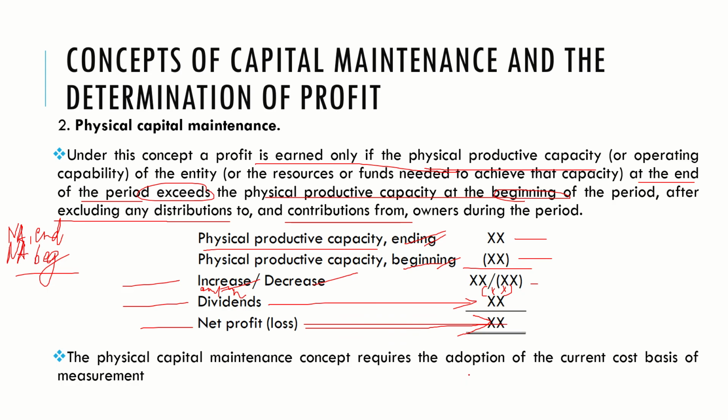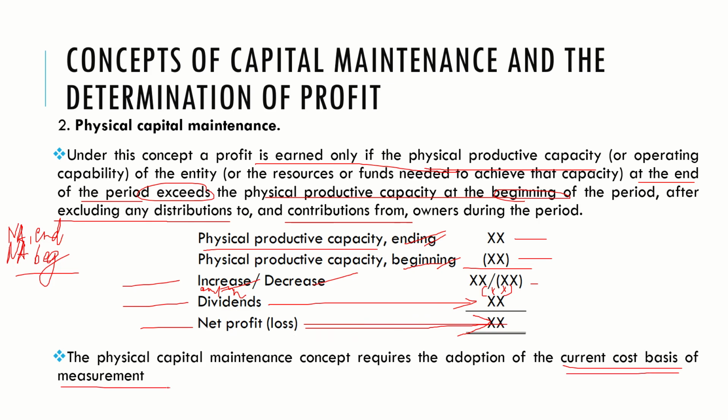Okay? And lastly, kanina kung financial capital maintenance concept tayo, wherein we don't have any specific basis for our measurement ng capital. Dito po sa physical capital maintenance concept, since we are using productive capacity, then we adopt the current cost basis.